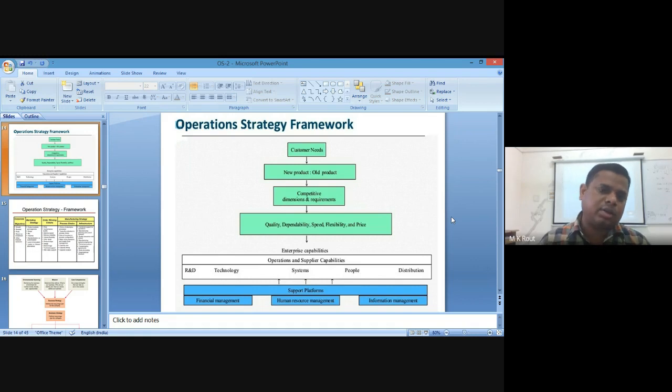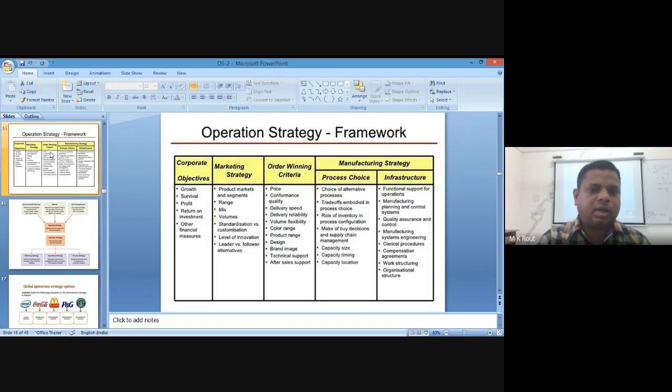Then after that you make some strategy to beat the market, to succeed in the market against a larger number of competitors. Moving to the next one, in case of operational strategy framework, the core objectives of operational strategy are growth, survival, profit, return on investment, and other financial measures.